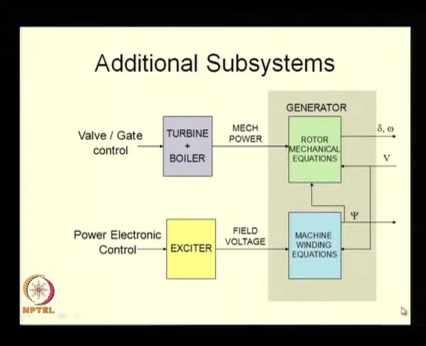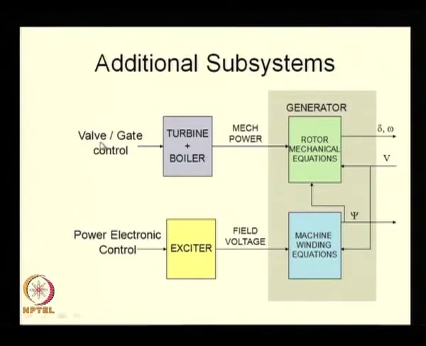The power apparatus which generates the field voltage for a synchronous machine is called an exciter, and it usually consists of at least one controlled power electronic equipment. So, you will find that the exciter is a controlled element by which you can control the field voltage, and the control is via power electronic converters.